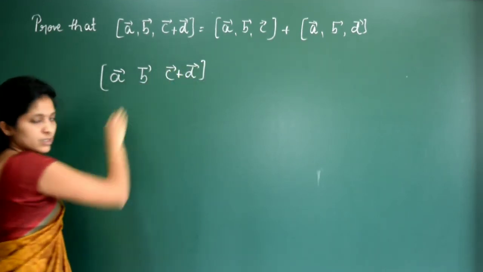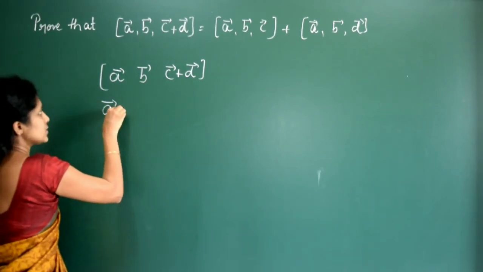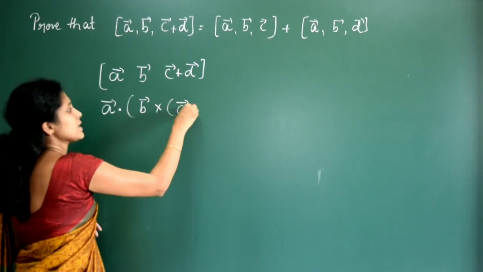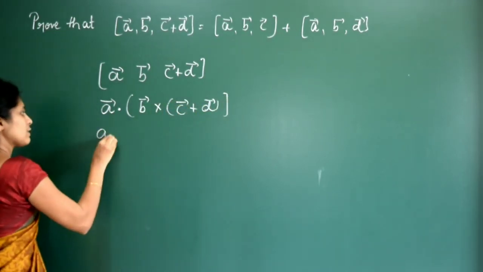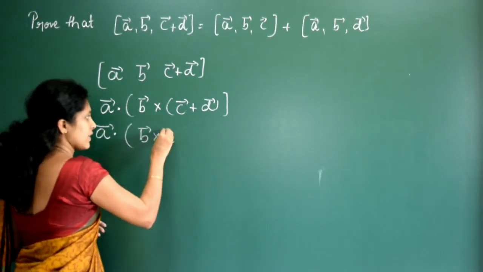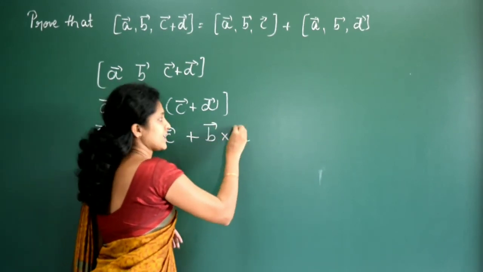So the scalar triple product can be written as A vector dot B vector cross (C vector plus D vector), right? We'll find the cross product of this. So it will be A vector dot (B vector cross C vector plus B vector cross D vector).